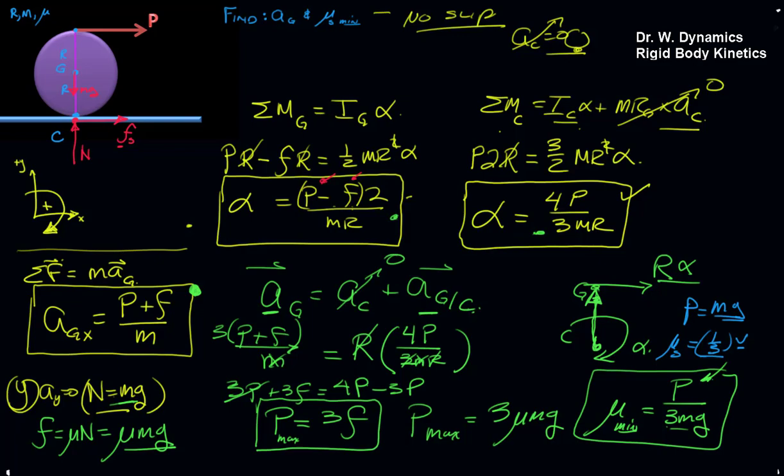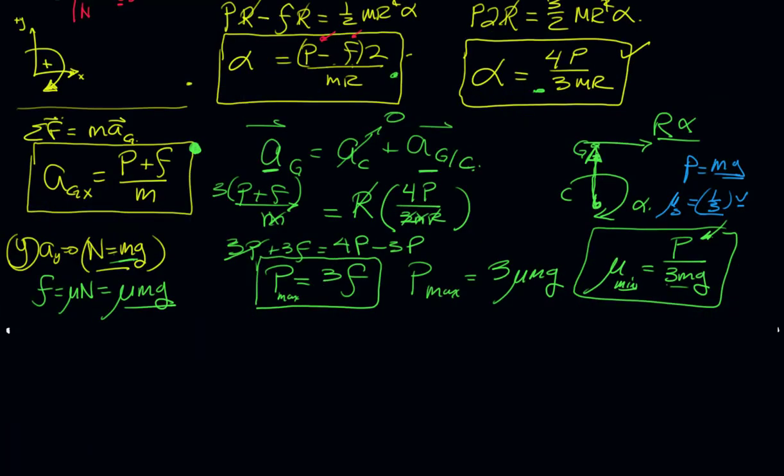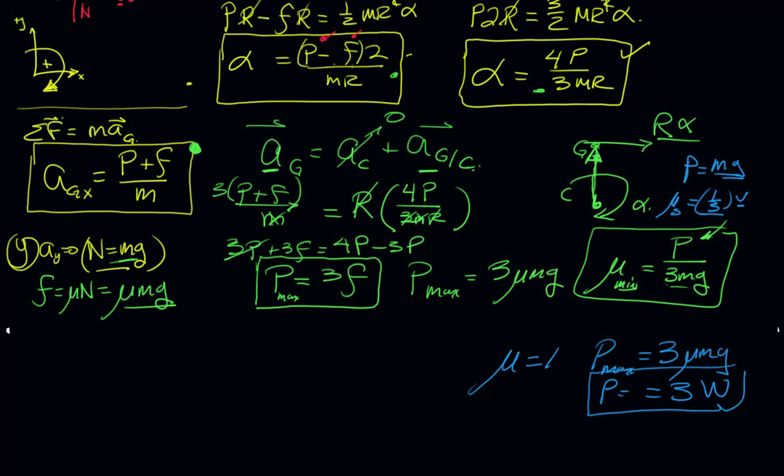If you look at the maximum condition, the largest mu we'd really expect to see would be 1, so P max could be 3 times mu mg, so it would be 3 times the weight. So we could pull at the top of this thing with 3 times the weight and not have it slip and then accelerate forward, which is what that tells us. So this gives us our function for finding the minimum amount of friction to keep it from slipping when you pull on it.